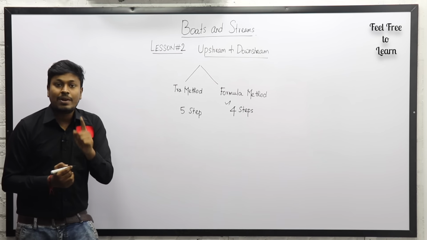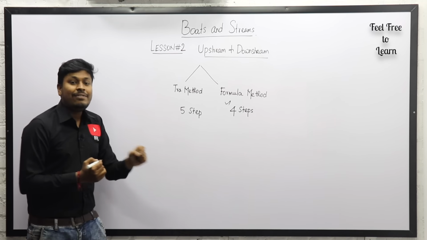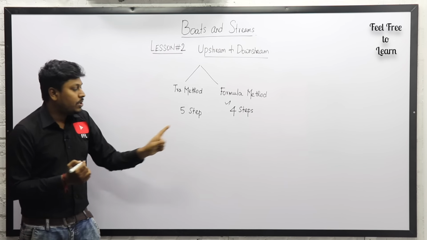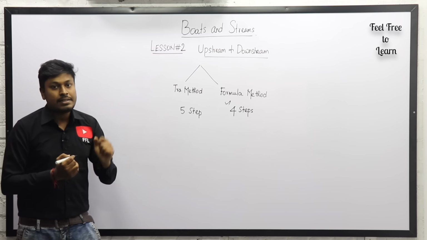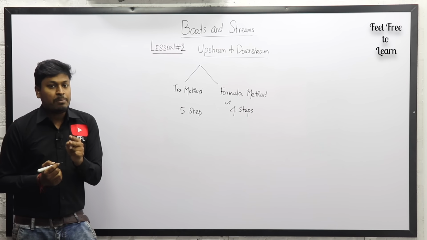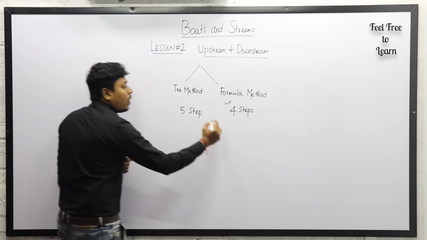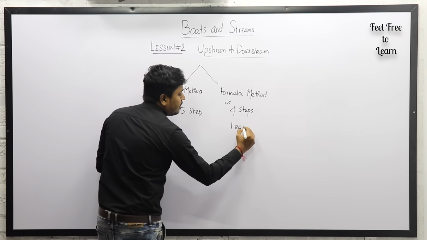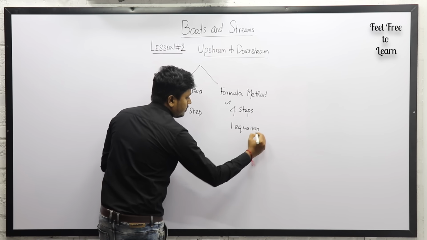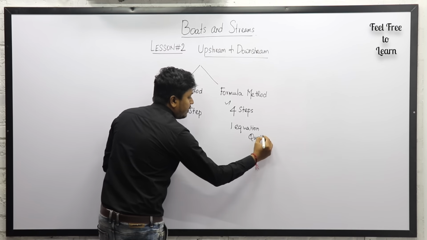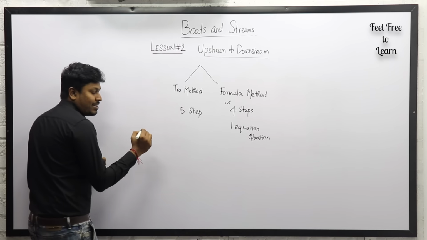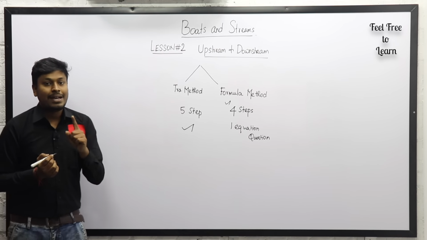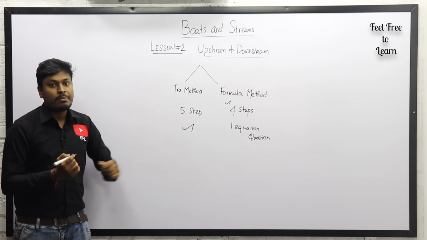But students who learn the traditional method can solve it even if the question is harder or any twist values are given. And the second important thing is that the formula method is applicable only for one-equation based questions. If it is a 2-equation based question, then you can solve it only by the traditional method, not by the formula method.